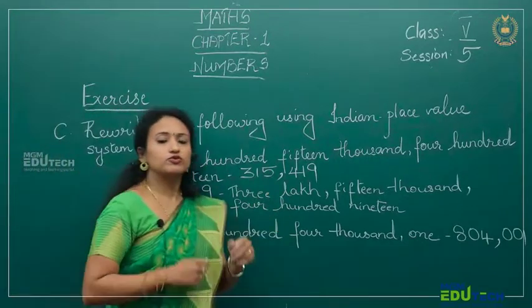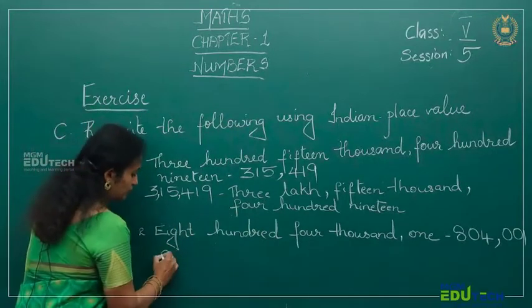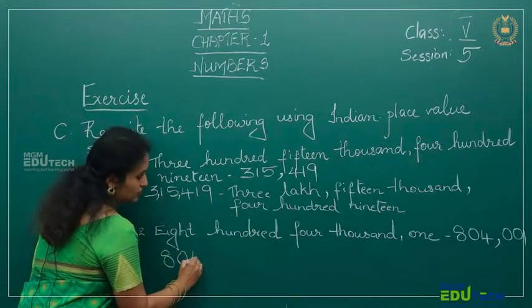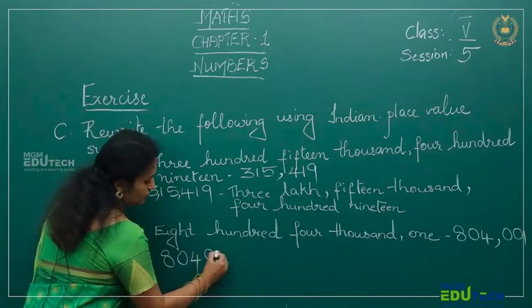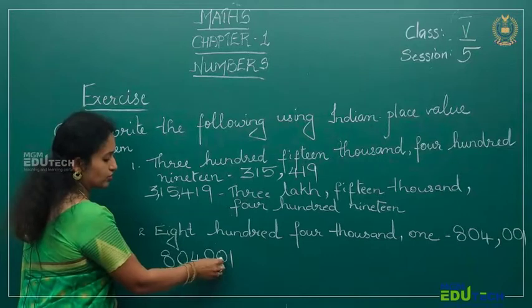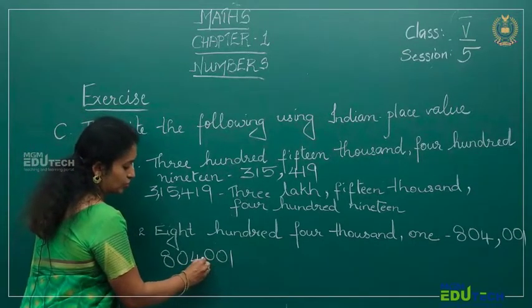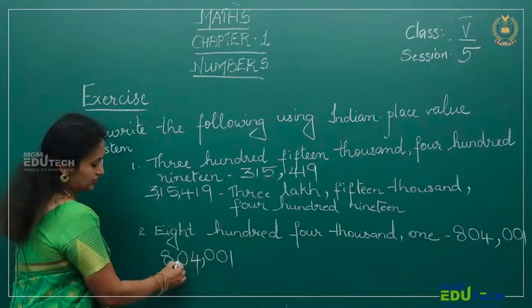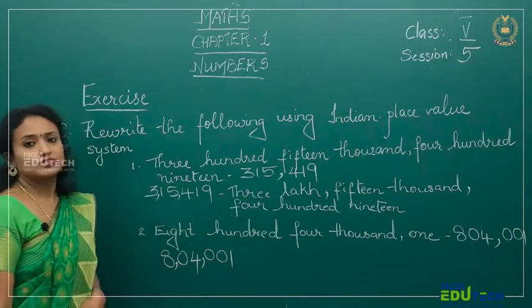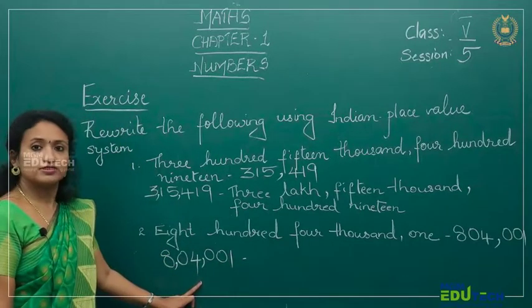Now this you have to again rewrite in the Indian place value system. So write down 804,001. Now put the commas according to your Indian place value system. So 3 places you put a comma. Next you have 2 places and you put a comma. So what is this number? Tell me, what is this number?